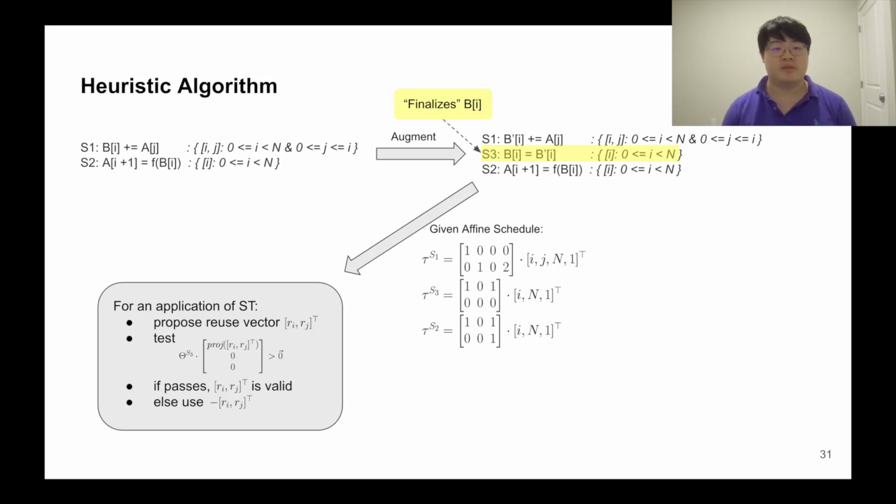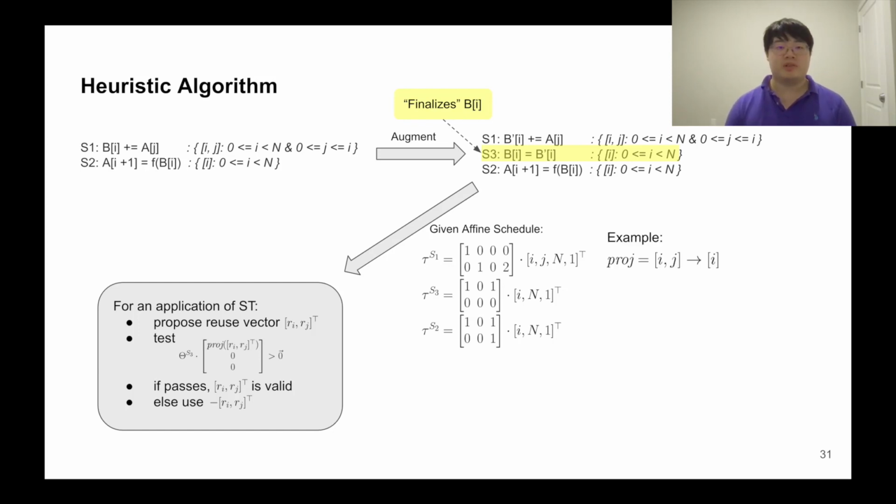Now, if the first non-zero entry of this matrix vector product is positive, the reuse vector is accepted and it is used for the ST application. Otherwise, if the first non-zero entry of this matrix vector product is negative, the negation of this proposed reuse vector is then used, since we know that this negative vector then must pass this positivity test.